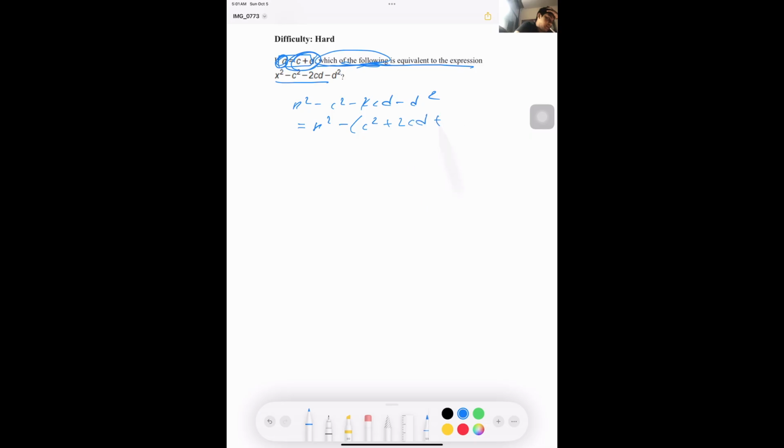Now this thing is c plus d whole square. Does that make sense? So x squared minus c plus d whole square. Now we can place a in place of this, so this is equal to x squared minus a squared. This can also be equal to x plus a times x minus a. So that is our solution to that one.